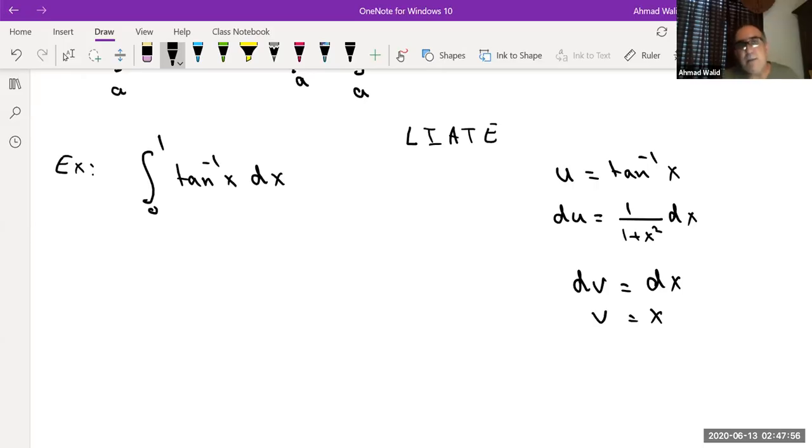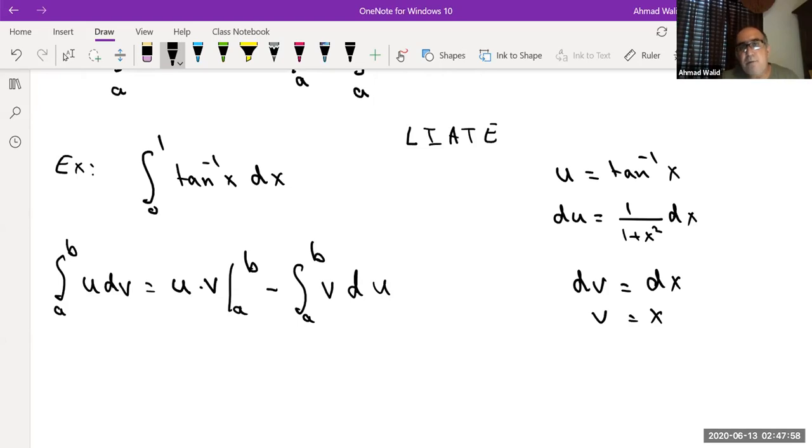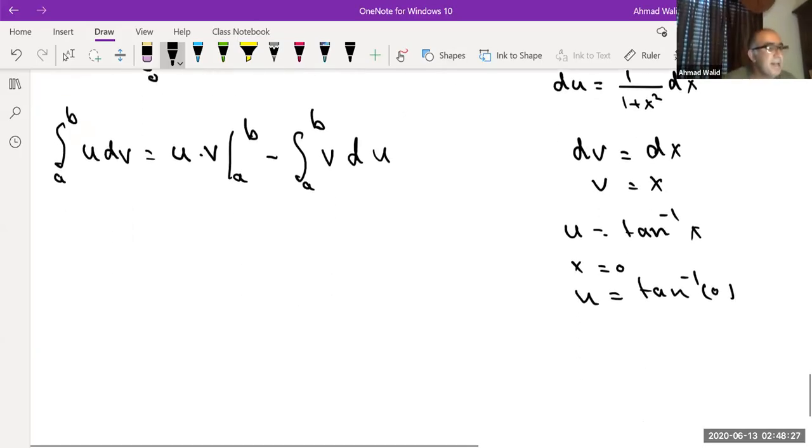You see, if you remember, because you have bounds here and you do substitution, you have to change your bounds also, correct? Now, if your u is equal to inverse tan x, when x is 0, then u becomes tan inverse of 0. What is tan inverse of 0?